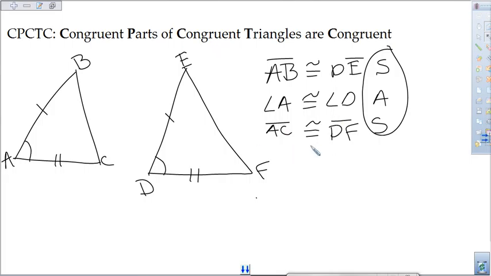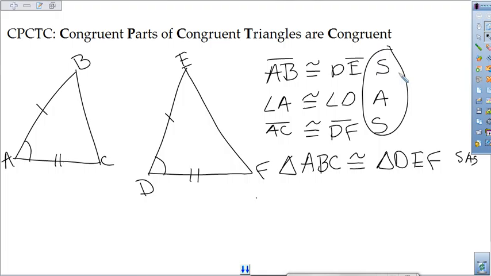So if I have all this information, I just showed that triangle ABC is congruent to triangle DEF. Okay. And we can stop right there, right? Side angle side.